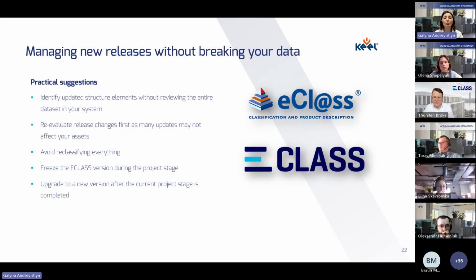Now, what actually changes between releases? New classes and properties can be added. Outdated classes and properties can, vice versa, be removed. Definitions and value ranges may be extended. New class property assignments may appear. New keyword definitions can be added.